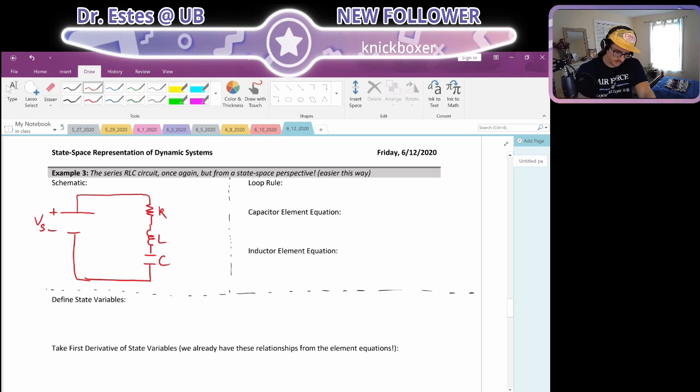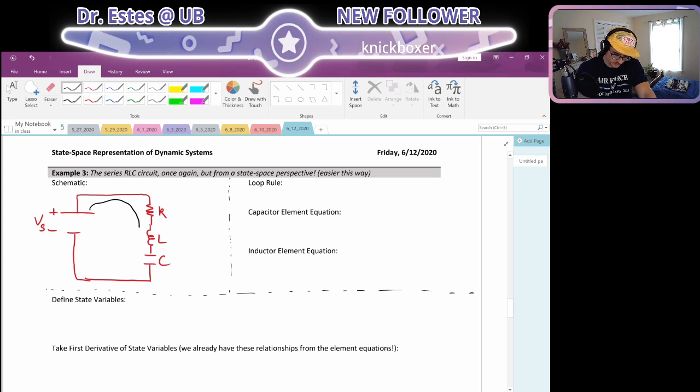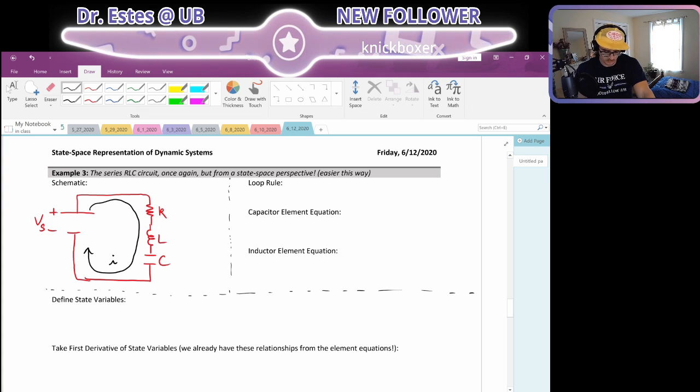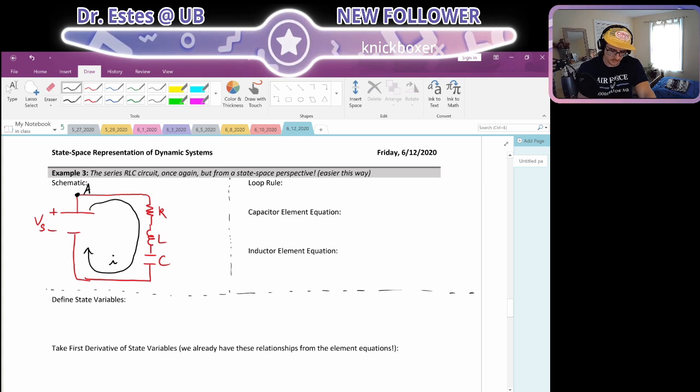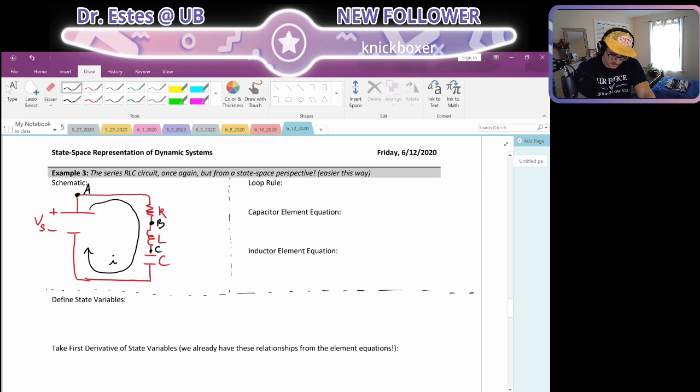And I'll just define current going this way. It doesn't really matter what you choose. All right, and then we'll put some reference points on here. This is useful when you do your loop rule.